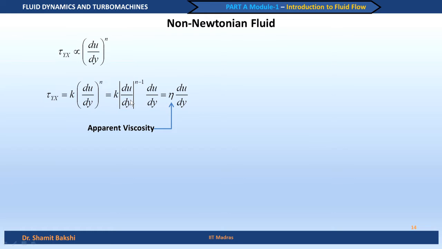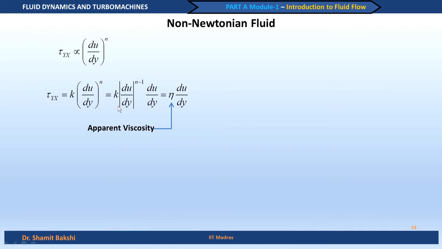That means u increases in the y direction. So, if the velocity is increasing in y direction, it will apply a shear stress in positive x direction, whereas if the velocity decreases in y direction and du by dy is negative, then it will apply a shear stress in negative x direction. So, that is how the sign of the expression is written, by expressing it in this way.